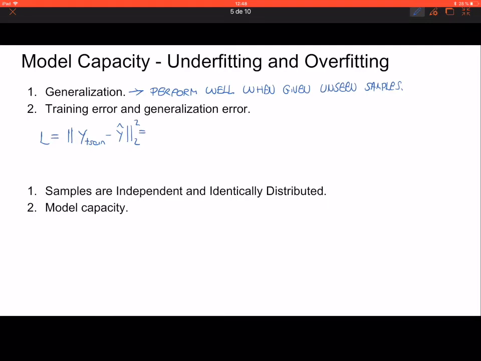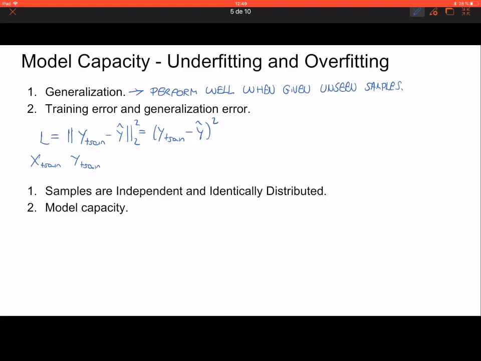If you recall, this is just the notation for the squared error, y train minus y hat squared. This is just notation. Okay, so normally we have a training set, and we have some inputs, and we predict the outputs, and we try to minimize the error on our training set.